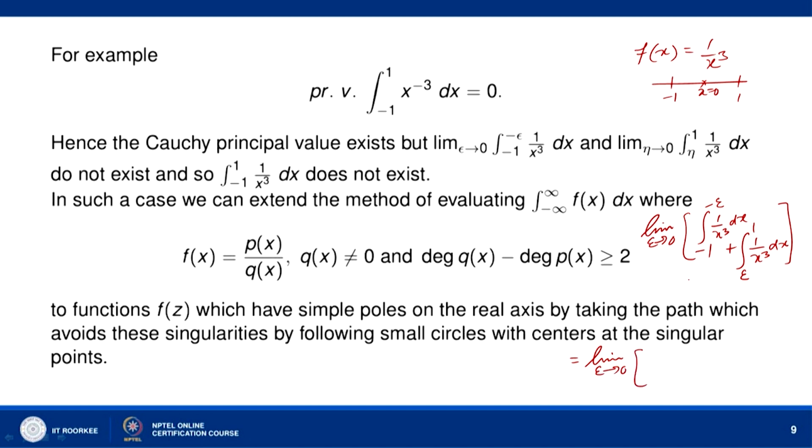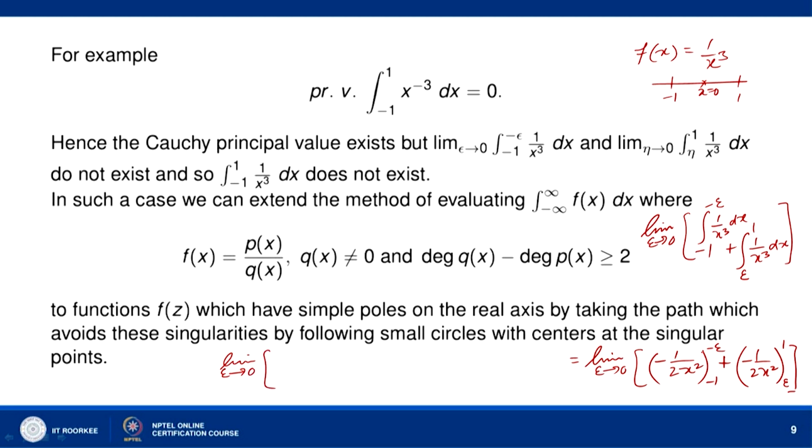So, this is equal to limit epsilon tends to 0. When you integrate x to the power minus 3 you get x to the power minus 2 divided by minus 2. So, minus 1 upon 2 x square, and then you put the limits minus 1 to minus epsilon, plus we have here the same thing, minus 1 by 2 x square, and you put the limits epsilon and 1.